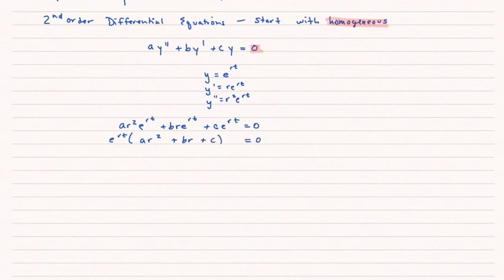I can use the zero factor property to tell me that either e to the rt is equal to 0 or the rest is equal to 0. And if I remember what my exponential function looks like, I know that the function e to the rt can never equal 0. So that means this factor is what must equal 0.